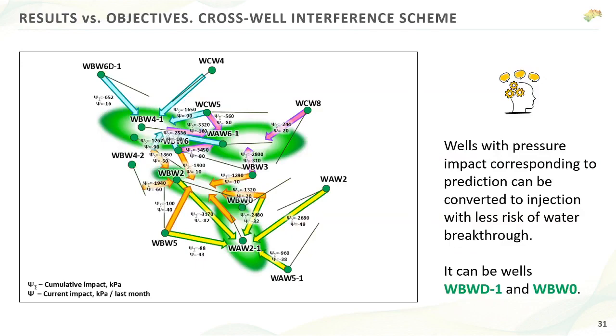Also, along with these results, we try to identify the wells which would be nice for converting to injection, because the client is actually considering emerging the water flood in this field.